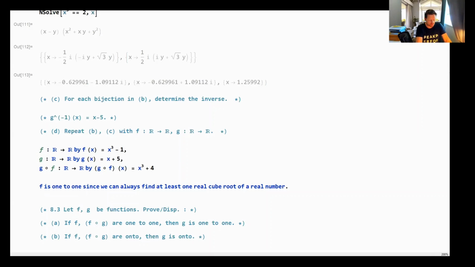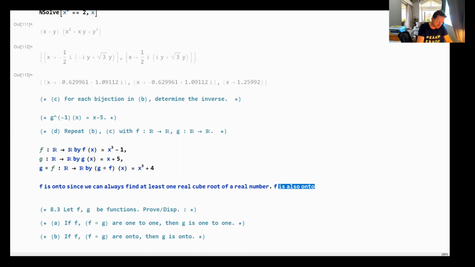Okay, f is also onto. It's also surjective, right? Because, oh, hang on. No, I've got this wrong. I've got this the wrong way around. This should have been onto here. f is onto, since we can always find at least one real cube root of a real number.